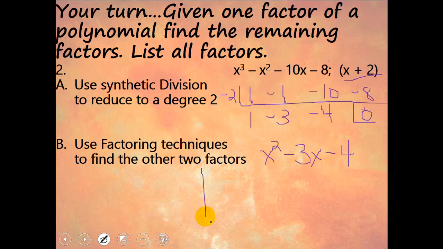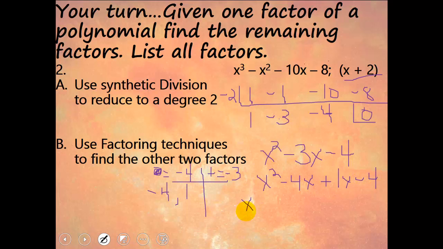Now I'm looking for two numbers that multiply to equal -4 and add to equal -3. That's going to give me -4 and 1. So I'm going to do x squared minus 4x plus 1x minus 4. And that gives me x minus 4 plus 1, x minus 4.